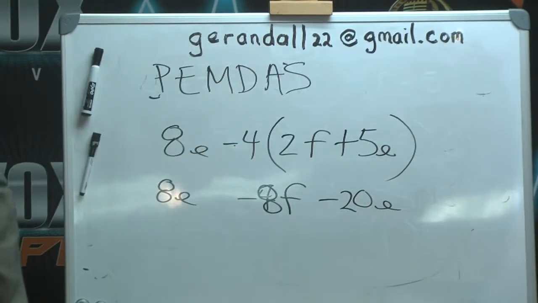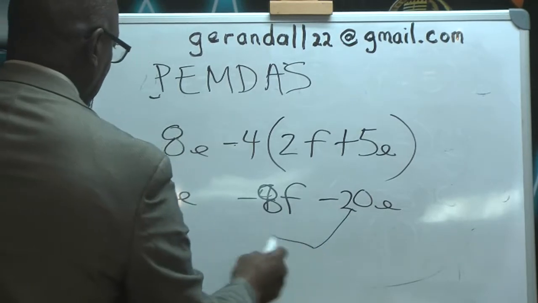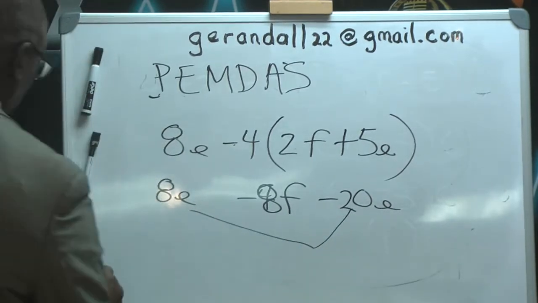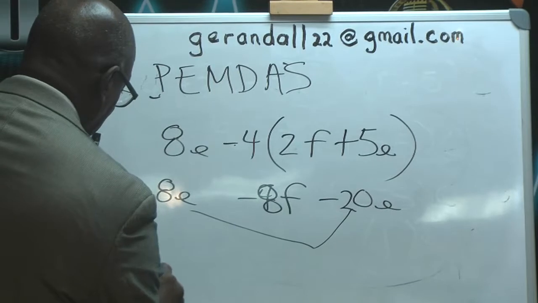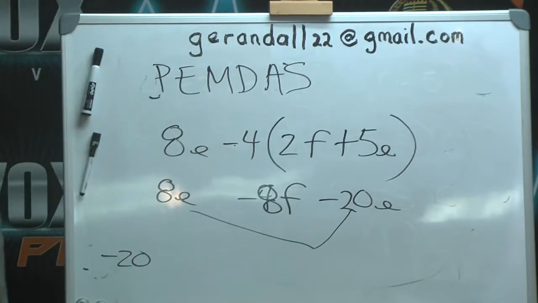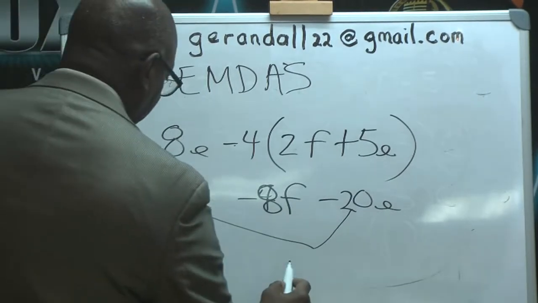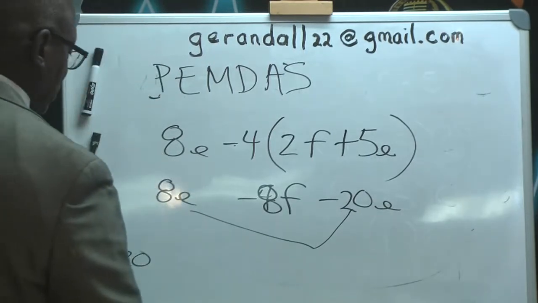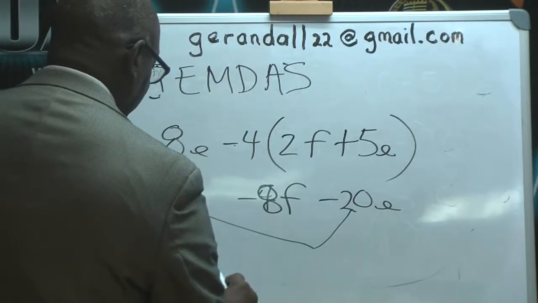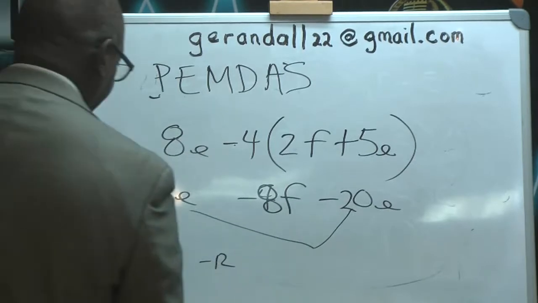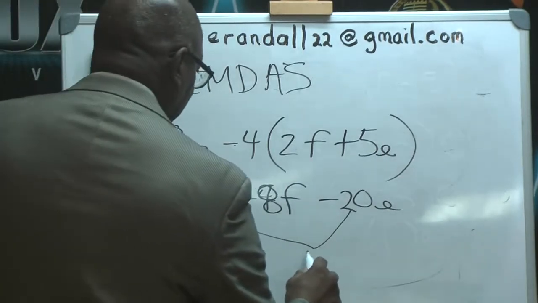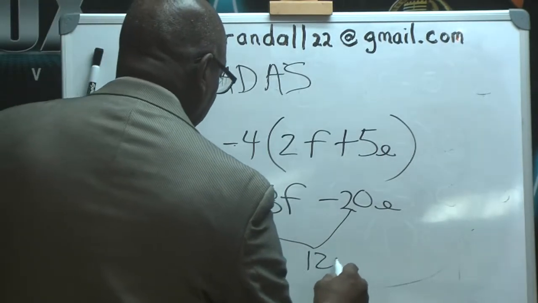Any like terms? Yes. And we're way out here at minus 20, and we're going to go 8 units to our right. And that's going to give us a minus 12. So, we combine like terms and we have a minus 12E.